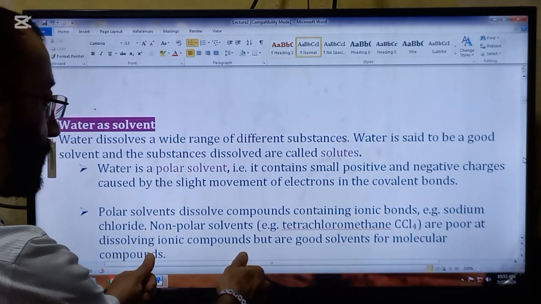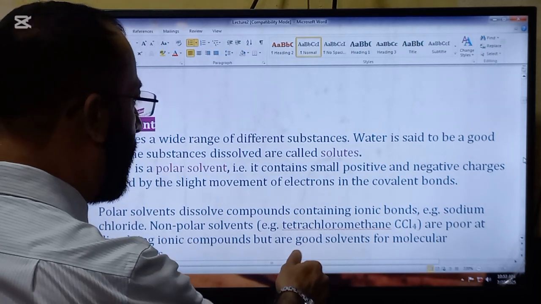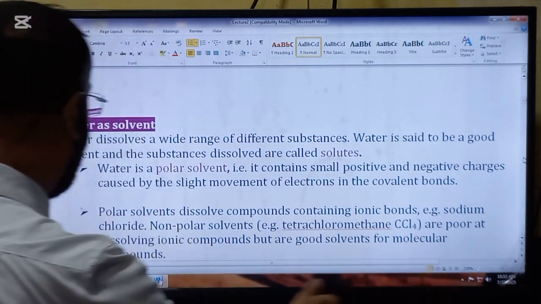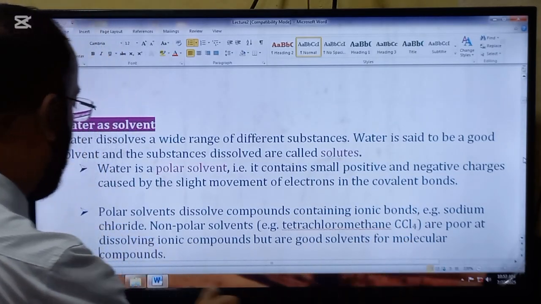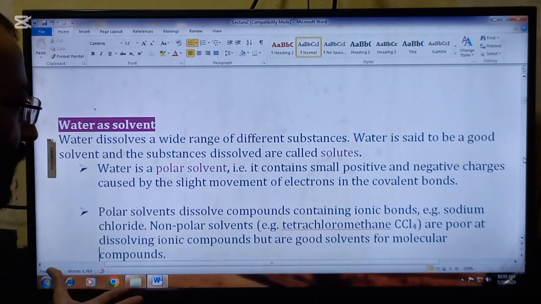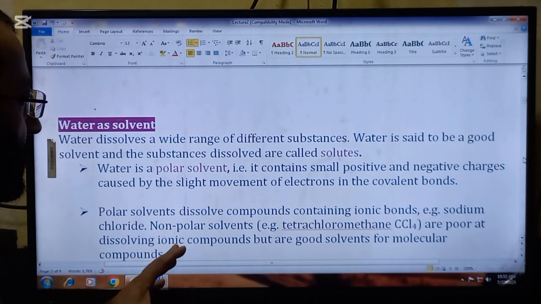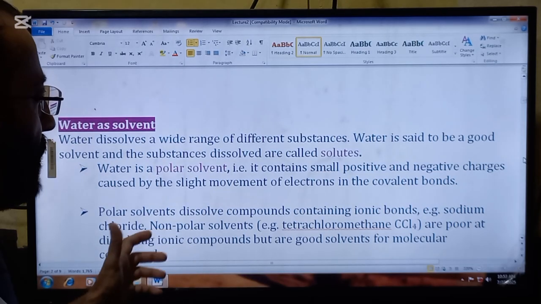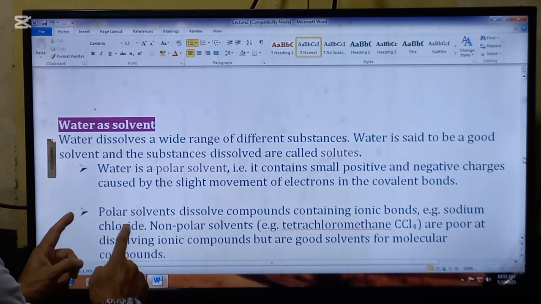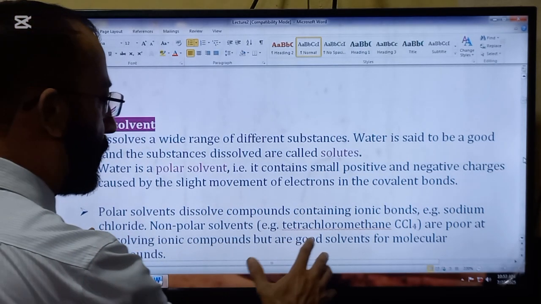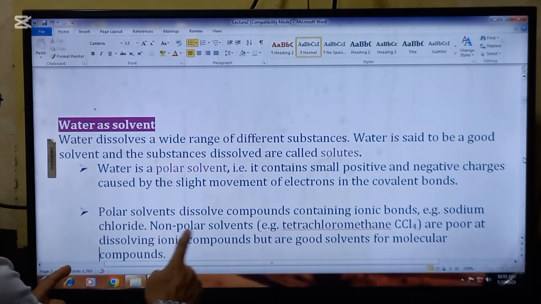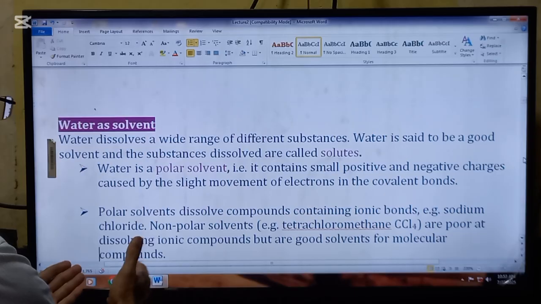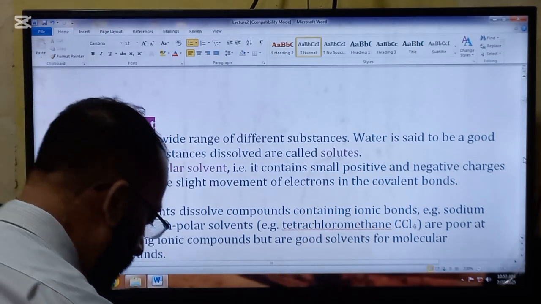Non-polar solvents, for example tetrachloromethane, are poor at dissolving ionic compounds but are good solvents for molecular compounds. This is a very important point as far as your paper number 1 is concerned. So polar solvents are good at dissolving ionic compounds and non-polar solvents are good at dissolving molecular compounds.